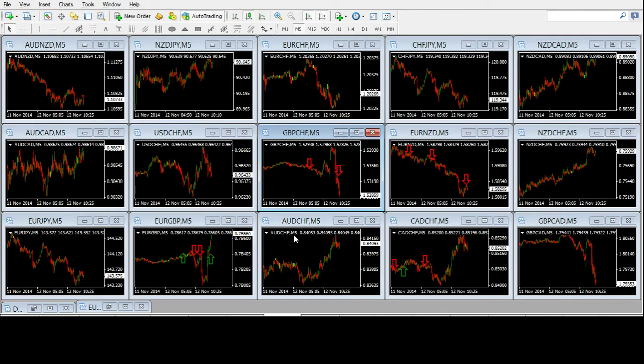Okay, so if we take a look at the charts in front of you, I've got a mini thumbnail for 15 charts, zoomed out on a 5-minute scale as much as I can do. The indicators themselves are red and green arrows that will indicate opportunities where a certain criteria is met. The criteria I use is based on 14-period RSI and two separate moving averages that cross each other.